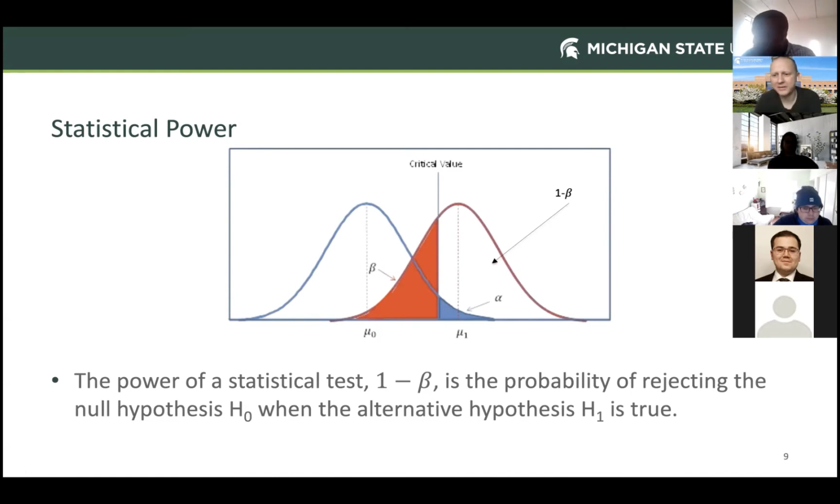Now, in practice, you're not oftentimes going to see power reported in statistical tests, with the exception of when we fail to reject the null hypothesis. Occasionally, you may see that reported.